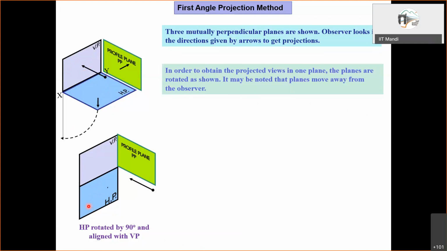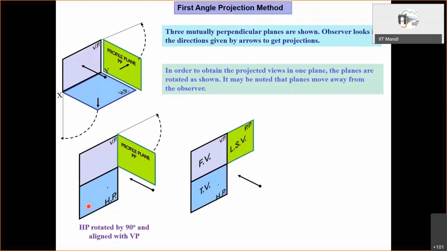This we have been doing, so we are very well conversant with it. Now we'll rotate the projection obtained on the profile plane also, so the profile plane will be rotated and aligned with the vertical plane.